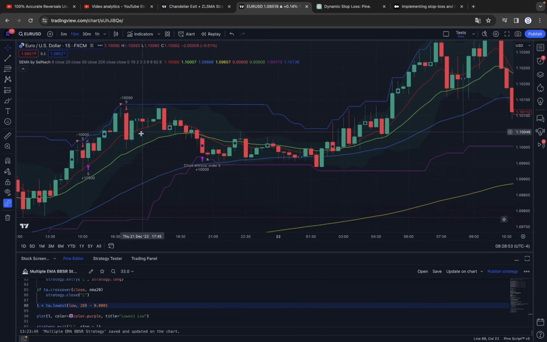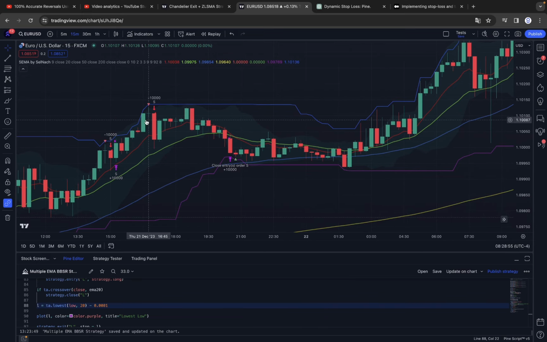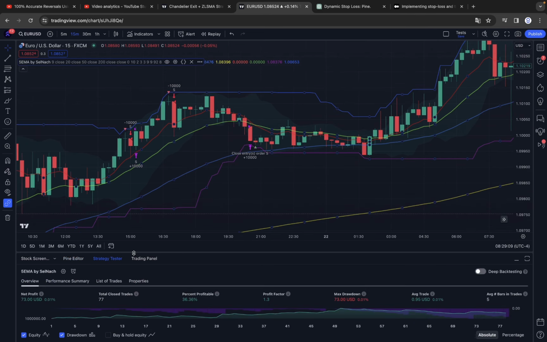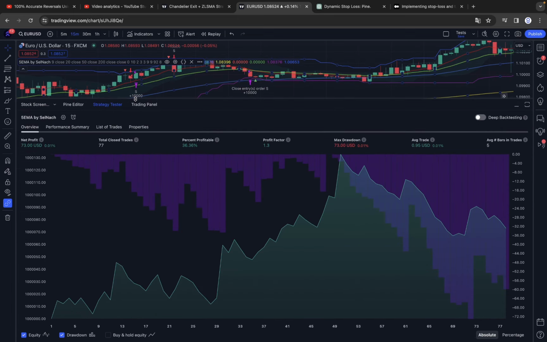All right, and here's the last example, or two examples. Here we got into a short position, stopped out here, and here we also got into a short position, and we run into the take profit. All right, let's take a look at the backtest results.